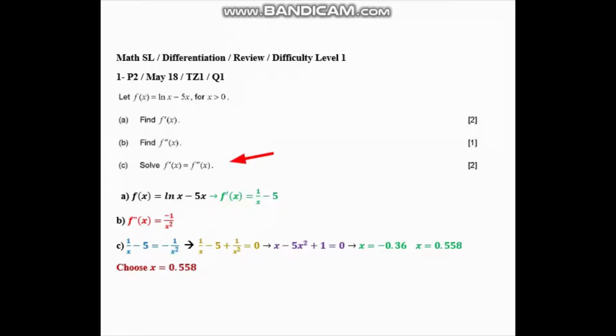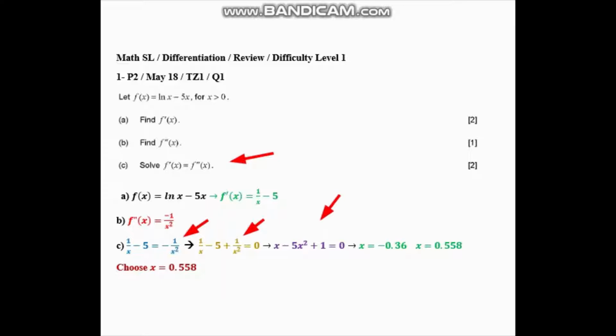So 1 over x minus 5 equals negative 1 over x squared. I shall multiply the entire equation by x squared in order to get rid of all the denominators. First I got the 1 over x squared to the left hand side so that all my terms are on one side.